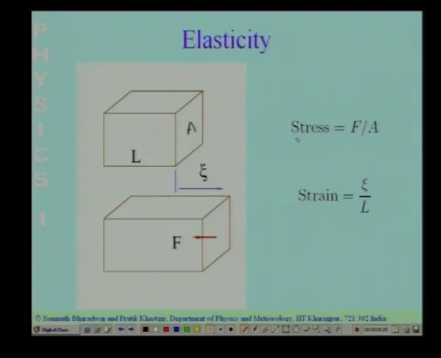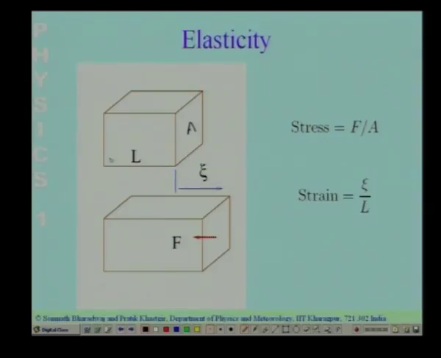The stress is the force per unit area. So, if you apply a force on this surface over here, or conversely, if you extend this element by an amount xi, xi is the deformation of this element.